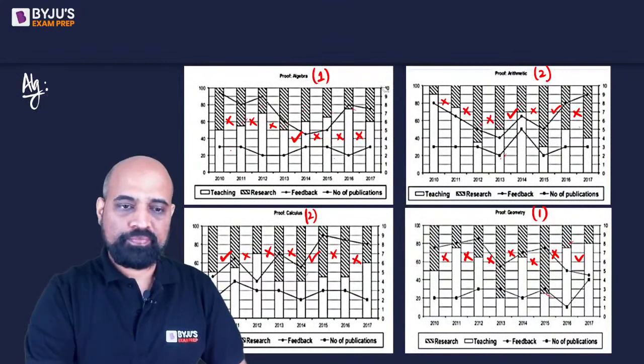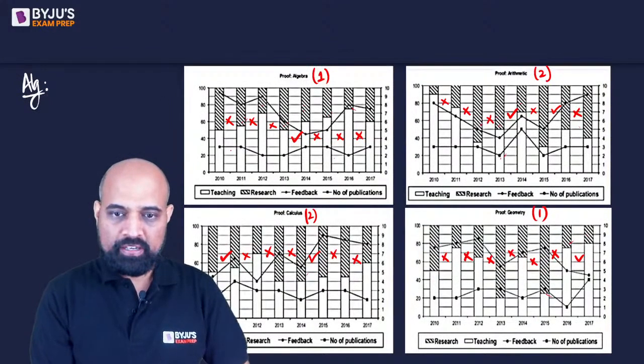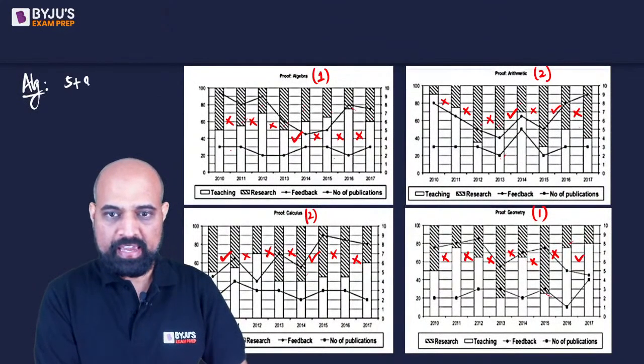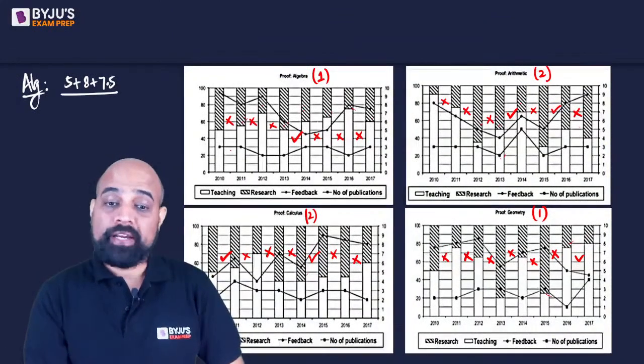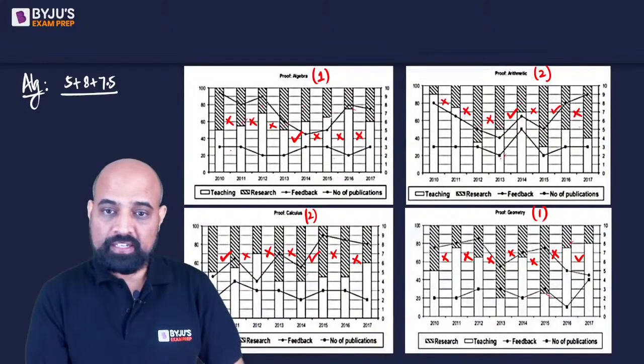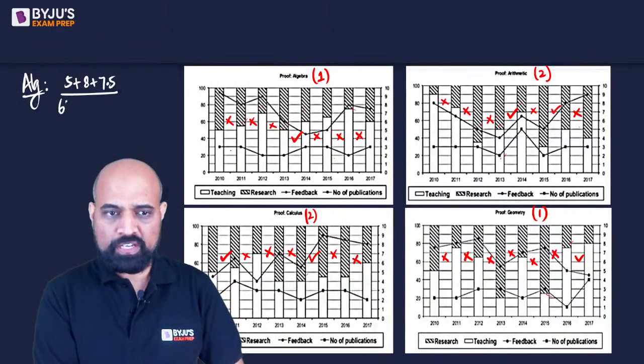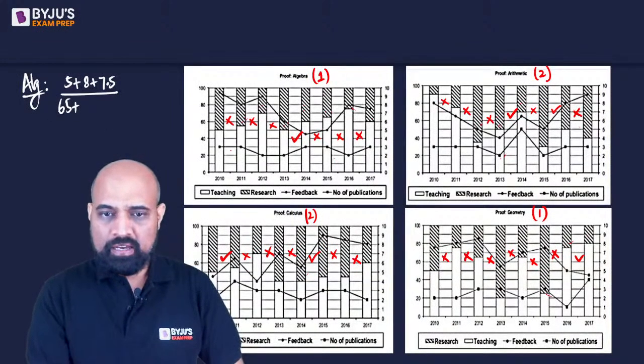So it's going to be 2015 to 2017. We have a 5, then an 8, and then a 7.5. Now divided by the number of hours spent. In 2015, this guy spent 65% of 90, so let's just write 65. In the next year, he spent 75 of 90.